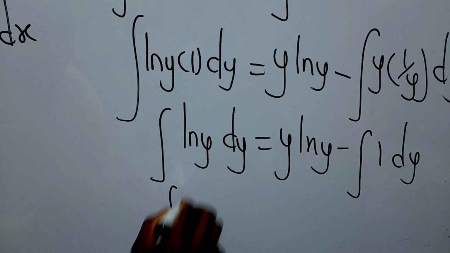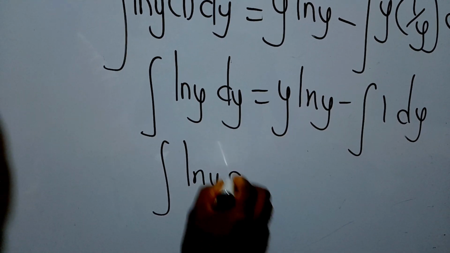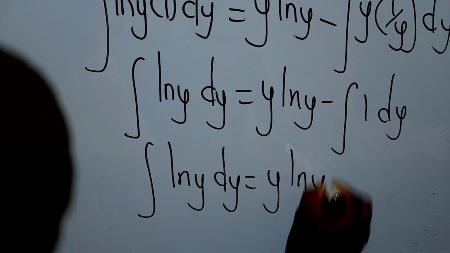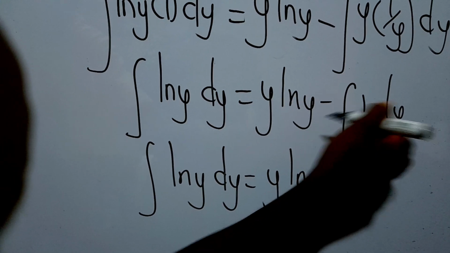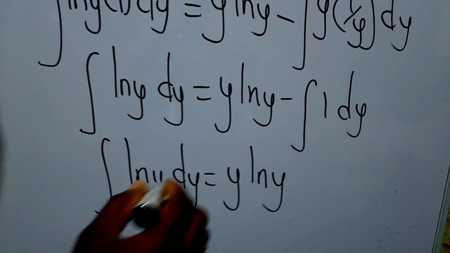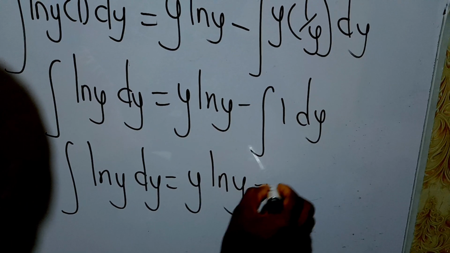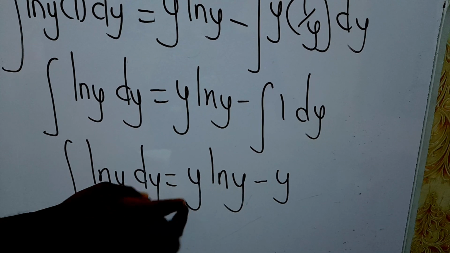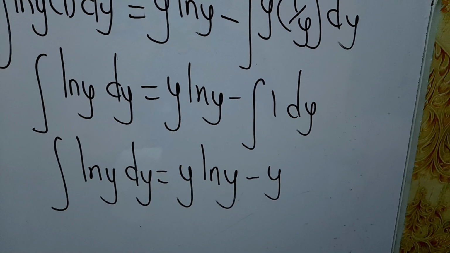So the integral of ln y dy will be equal to y ln y, minus the integral of 1 dy, which is y. So we can conclude that the integral of ln y dy is y ln y minus y.